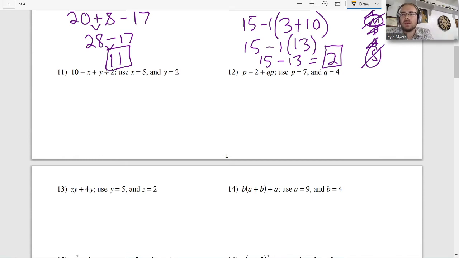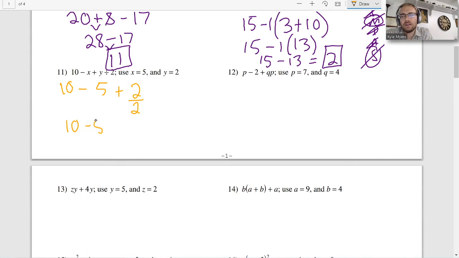Okay. So let's see. Now we want to do 10 minus x plus y divided by 2. So 10 minus x is 5, plus y is 2 divided by 2. Okay, so no parentheses, no exponents, no multiply. We have a divide.